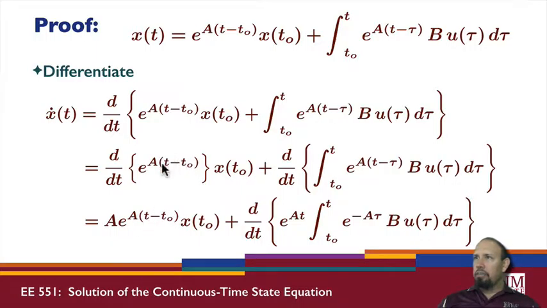Notice that t minus t naught, even though it's offset, I still get the same derivative because I'm multiplying the derivative of this with respect to t, but the derivative of this quantity with respect to t is just 1.